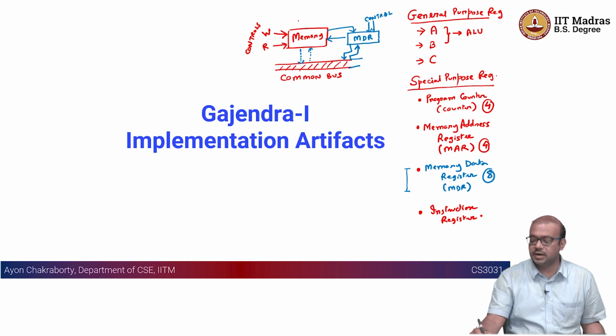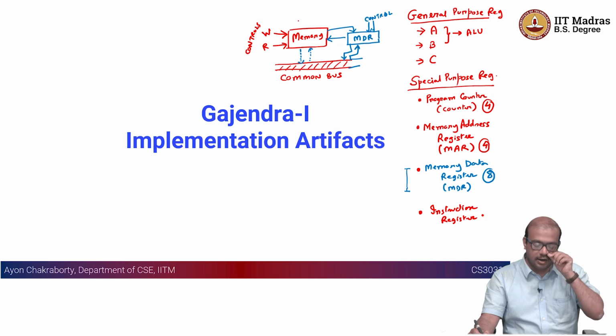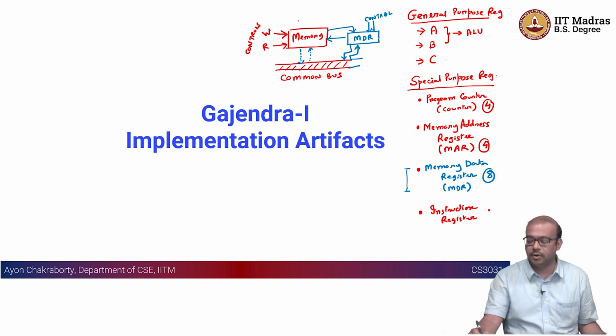The instruction register here we were assuming to contain only the instruction. Although it can contain both instruction and data, we did not go into that debate because for us the instructions are quite simple. So we can just assume that this is just 8 bits.